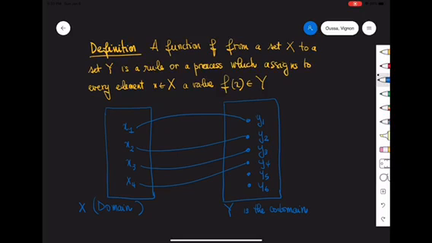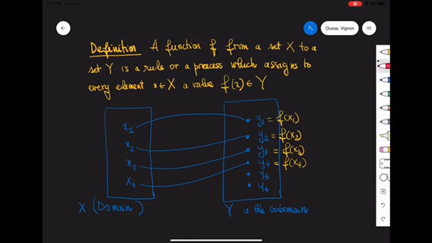So then y1 becomes f of x1 because x1 is being mapped to it. Y2 becomes f of x2. Y3 becomes f of x3. And y4 becomes f of x4.